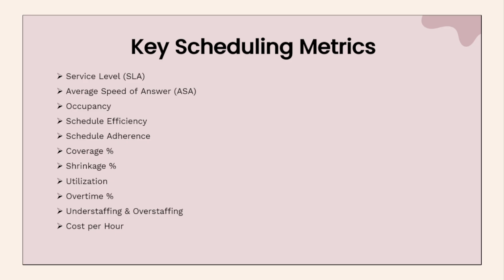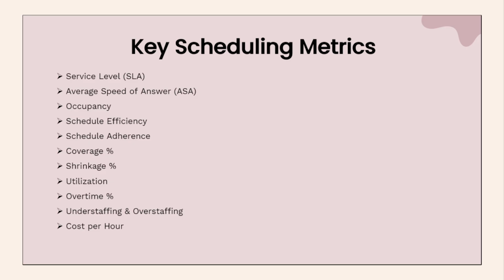Key scheduling metrics. What are the things that we must follow while creating the schedule? One of the most important metrics is SLA. I have already explained all this, but I am repeating it. Service level, ASA meaning average speed of answer, occupancy, schedule efficiency, schedule adherence.